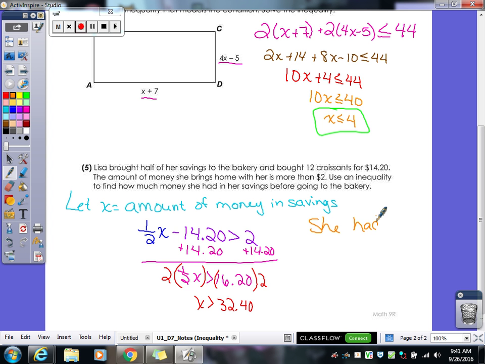So she had more than 32.40 in her savings. So by using that phrase more than, that means we're not including the 32.40, we're saying it's higher than that amount. She had more than 32.40.